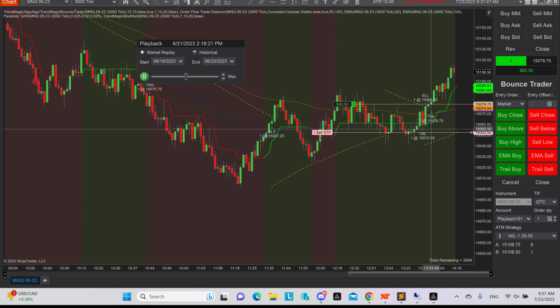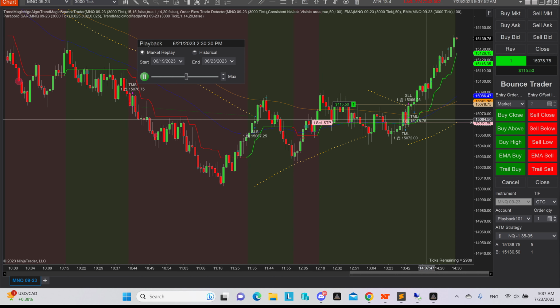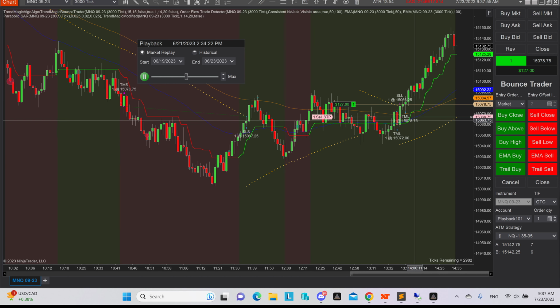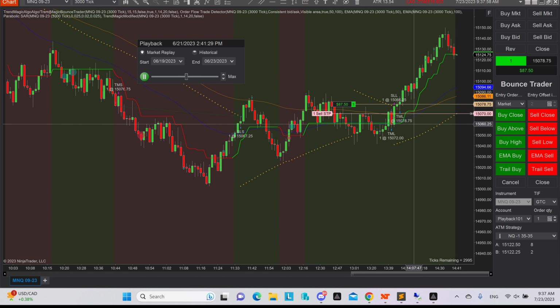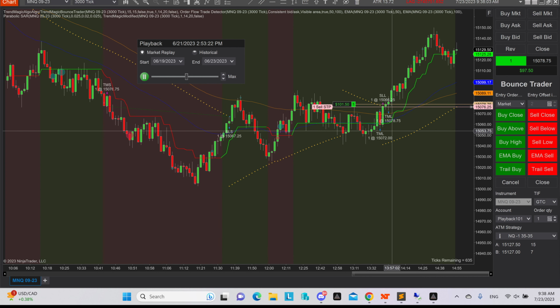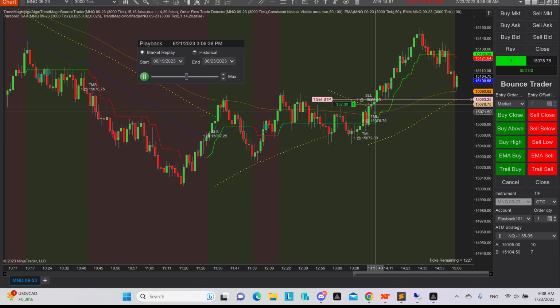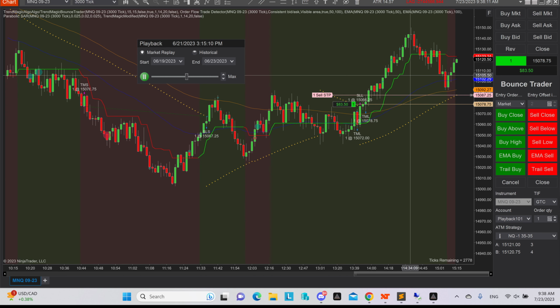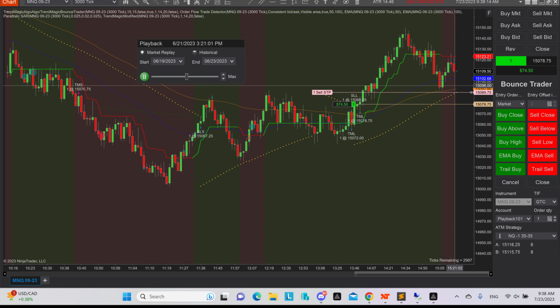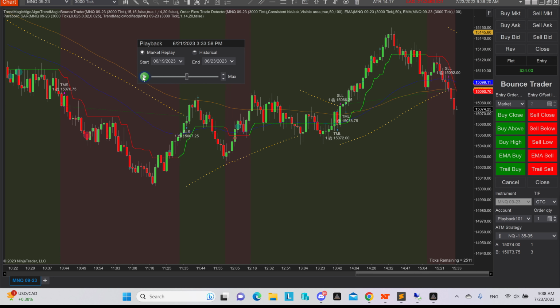We still have the fast EMA below the slow, so it's not supposed to take longs, but because we marked a counter trade, it took this trade as well. Like I said, this is still a little bit experimental. I'm working on it, but I found that it captures a lot of times.